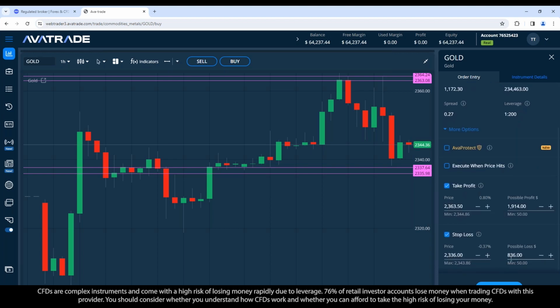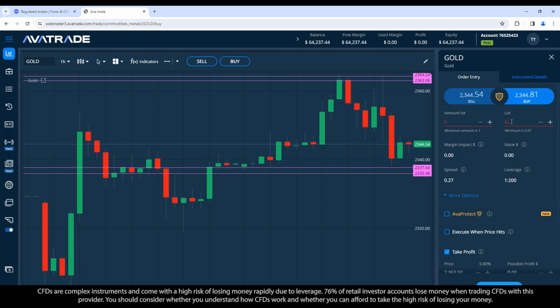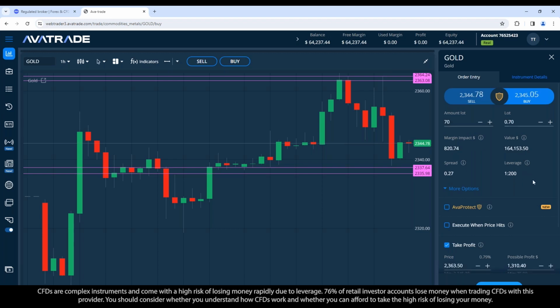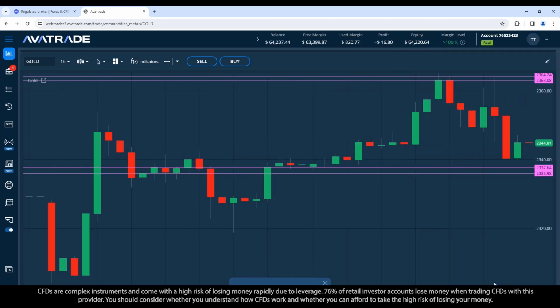So with one lot, I'm risking 836 to go after almost 2,000. Maybe I do 0.7. Now I'm risking about 1% of my balance, a little less, to make better than 2% potential profit on my balance. So if I'm comfortable with that risk reward, then I buy, okay?